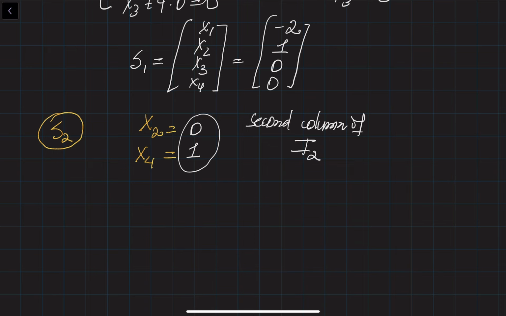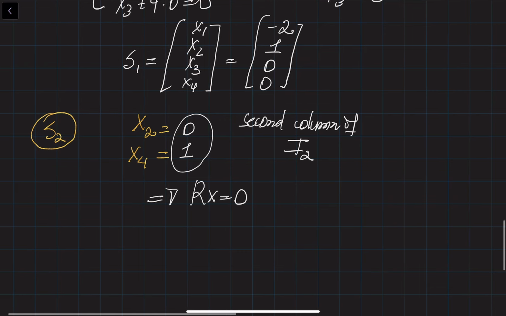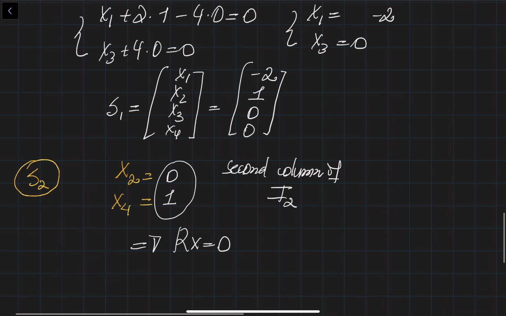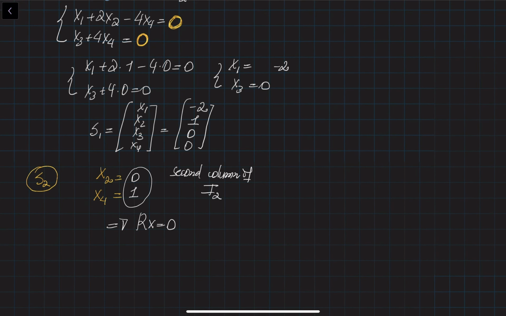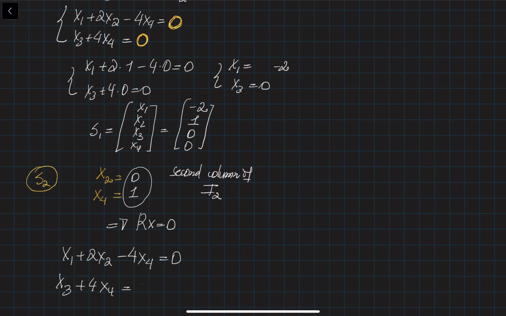Then again, we are going to plug this into the system, Rx is equal to 0, and solve this. So let me emphasize that the Rx is equal to 0 system is this one. I'm going to just copy this: x1 plus 2x2 minus 4x4 is equal to 0. x3 plus 4x4 is equal to 0.